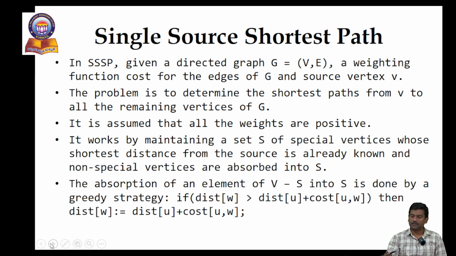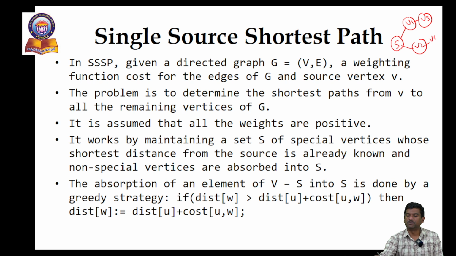So consider the graph which contains the source vertex, and there are various other vertices present, for example v1, and similarly v2, and from v1 v3, and from v2 v4, and there are certain edges present in this graph.